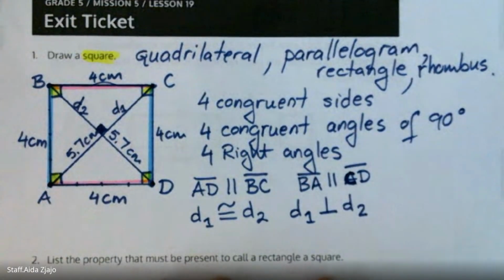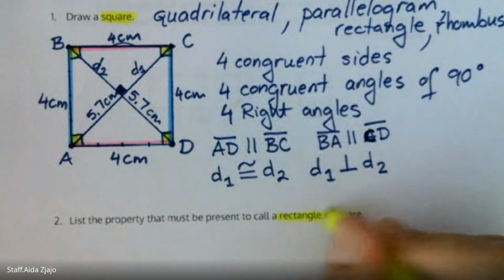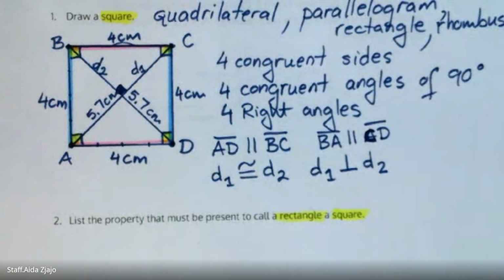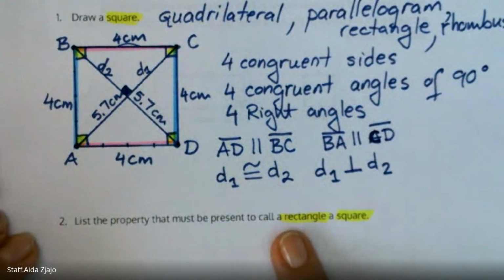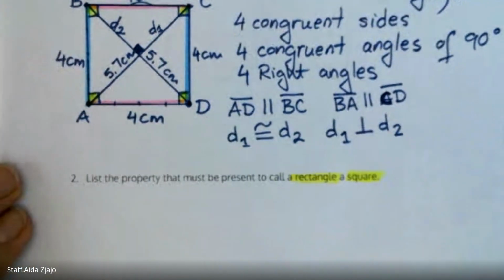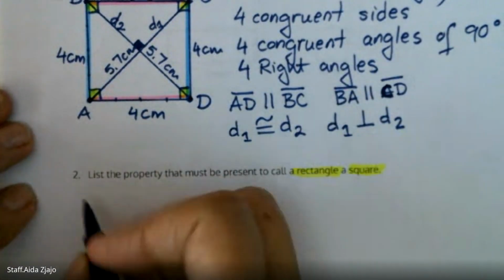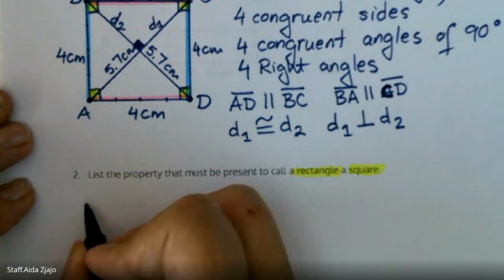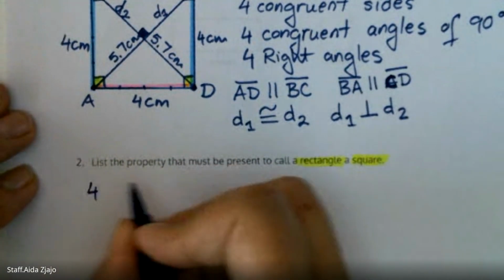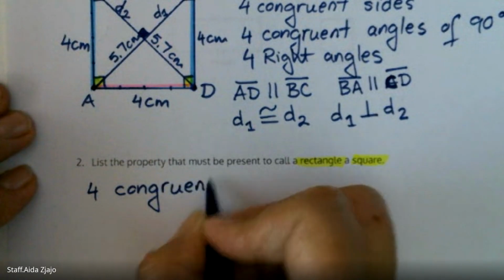Okay, what is the least property that must be present to call a rectangle a square? So both are rectangles. A square is a rectangle, but a rectangle is not a square. So, to call a rectangle a square, it has to have 4 congruent sides.